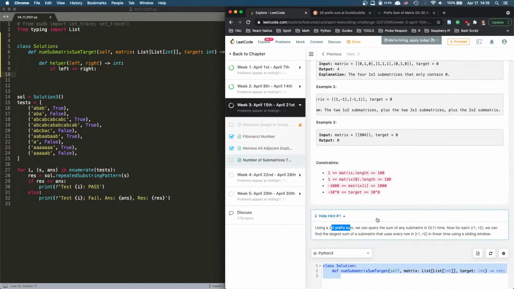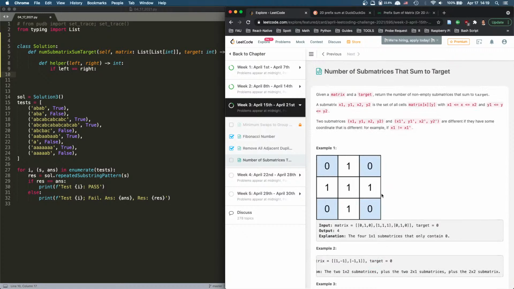So we have 2D sum. We can query the sum of any submatrix. Okay, come back again. So we only do one sum. So we want to know the sum of these four. So we need to know this thing, right? And then we need to find the sum of this, and this, right?